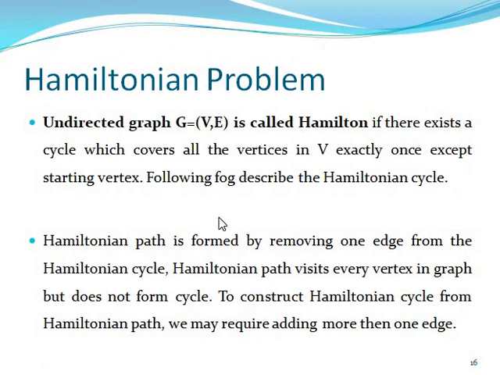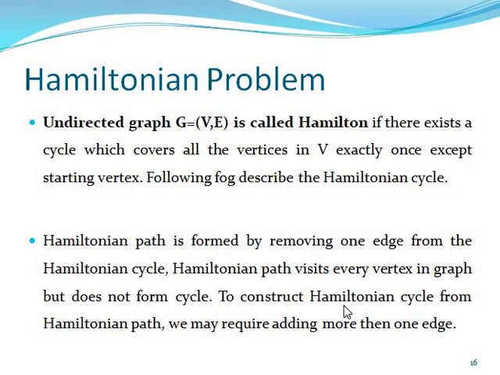A Hamilton path is formulated by removing one edge from the Hamilton cycle. A Hamilton path visits every vertex in the graph but does not form a cycle. So what is the Hamilton path? It removes one edge from the Hamilton cycle and visits all the vertices but does not create a cycle.